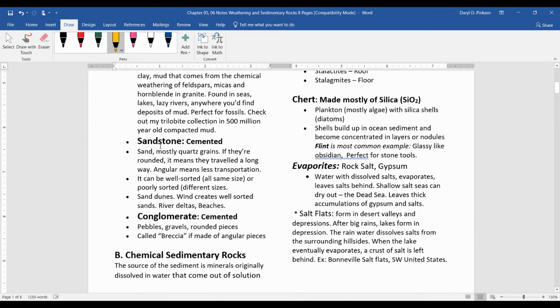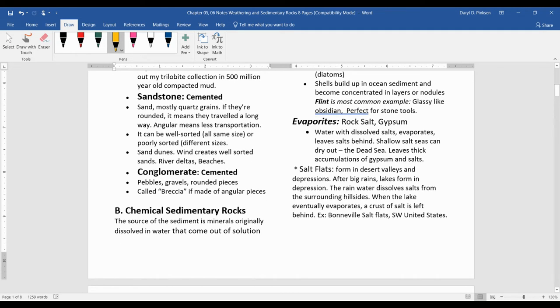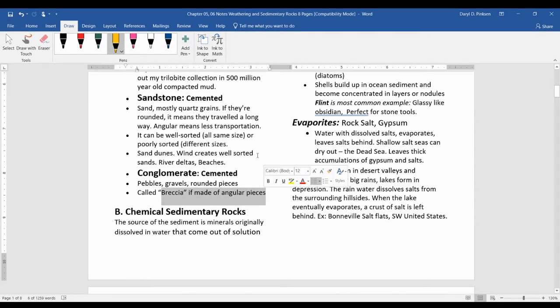The sandstones obviously are sand grains that have been cemented together. They're mostly quartz. And the conglomerate is where you have pebbles and sand. It kind of looks like concrete. They're all cemented together. And then if the pieces are angular, it will be called breccia. That's the difference between them.